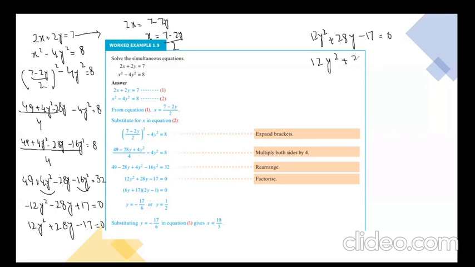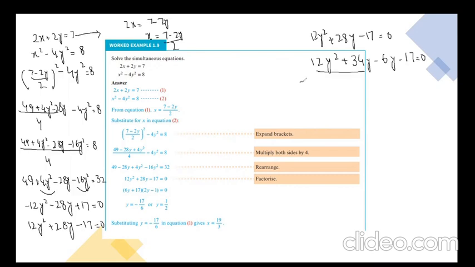Plus 34, is there a factor regarding 28? So how to find the factor of 28? So it must be 34y minus 6y minus 17 equals to 0.